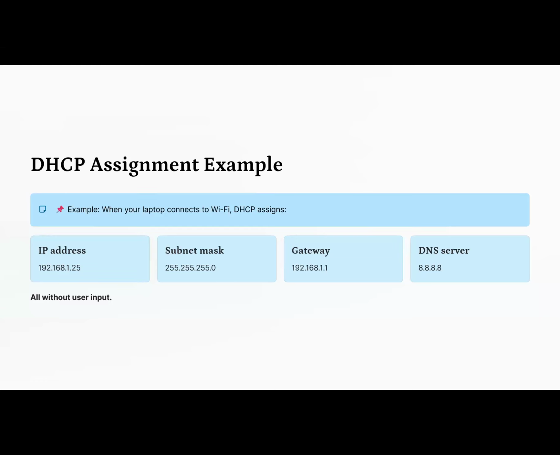Perfect. So on a /24, how many IPs exist? 254.